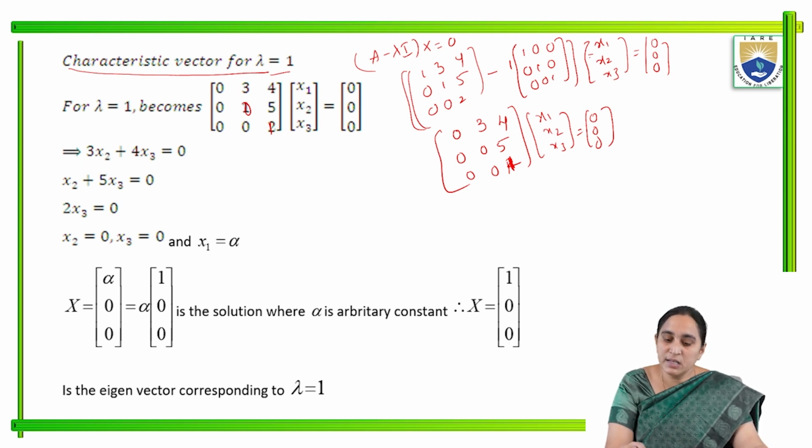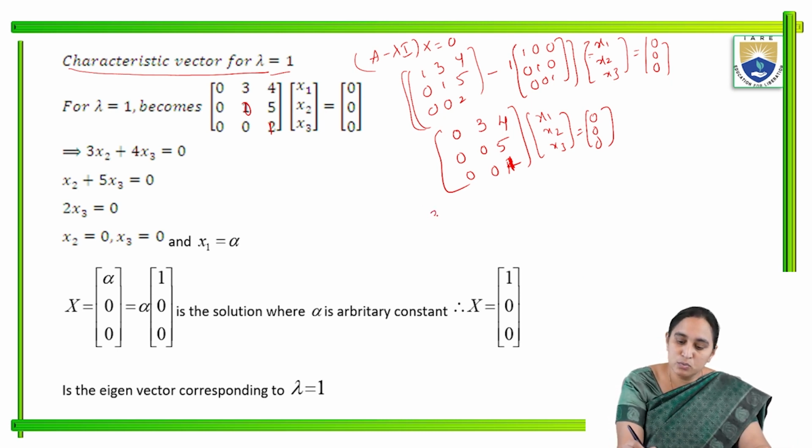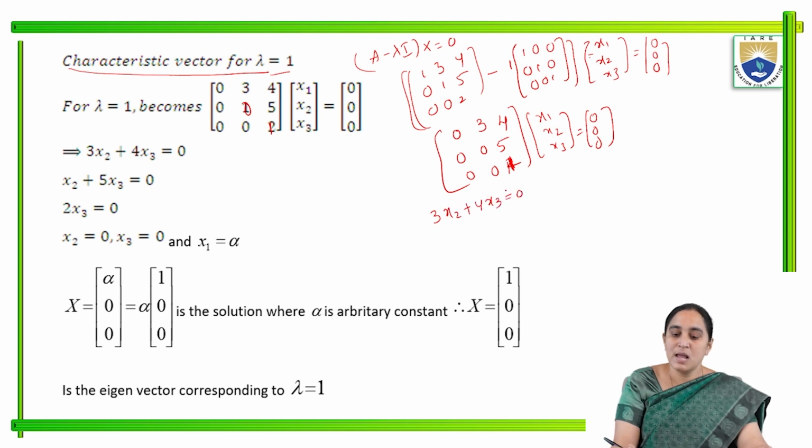Here, since the elements below the diagonal and some diagonal elements are 0, write it directly in equation form. The first equation is 3x2 plus 4x3 equals 0, and the next equation is 5x3 equals 0.